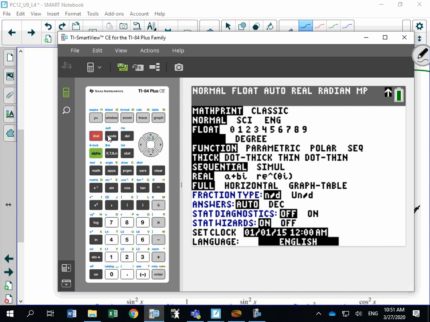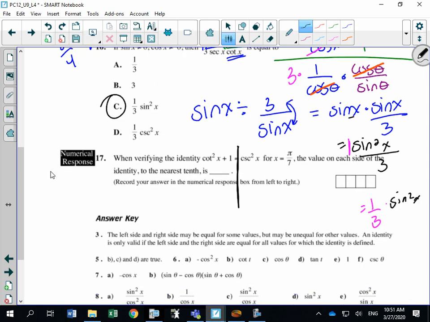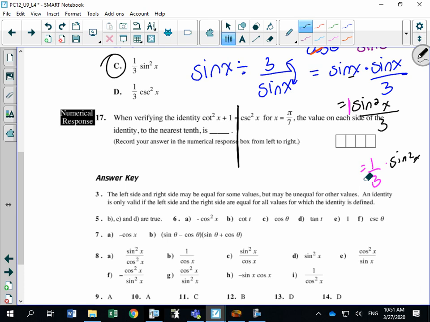So enter, get out of here. And what they want, cotan squared theta plus 1 is equal to cosecant squared theta of x.